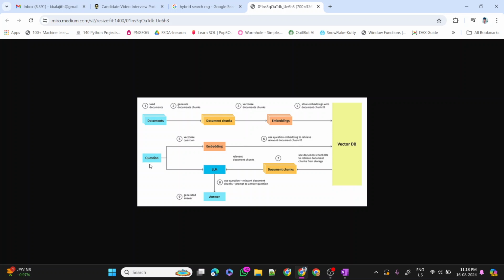When a user asks a question, the question is vectorized by using an embedding technique, and it goes to the vector DB.